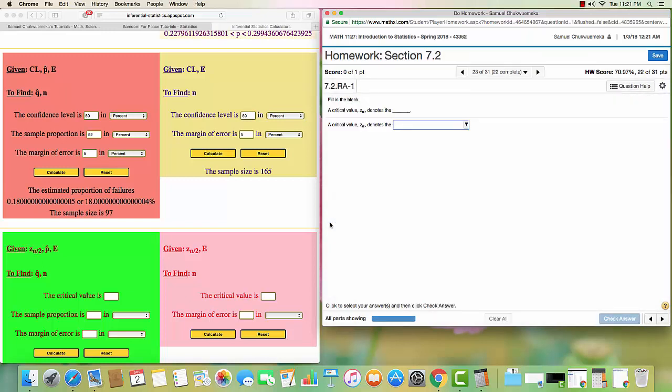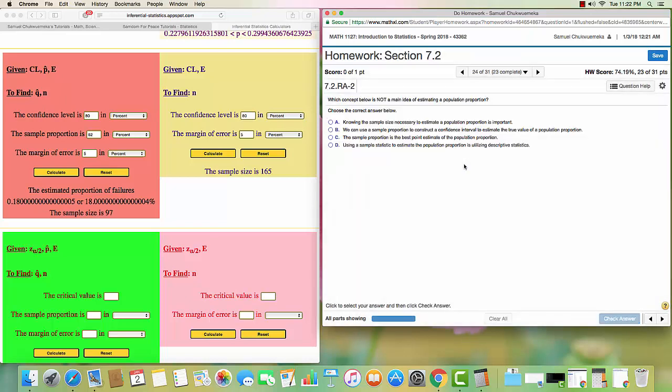Question 23. A critical value. This is a z-score corresponding to an area of alpha to the right. A z-score with an area of alpha to its right. Yeah, that's critical value. Which concept below is not a main idea of estimating a population proportion? A, knowing the sample size necessary to estimate a population proportion is important.